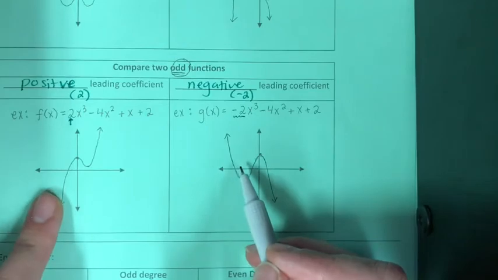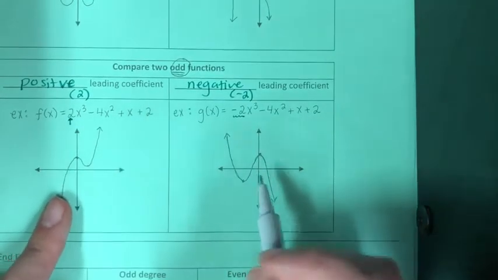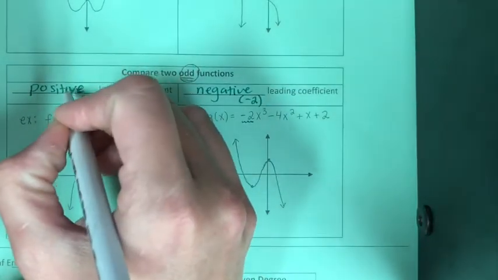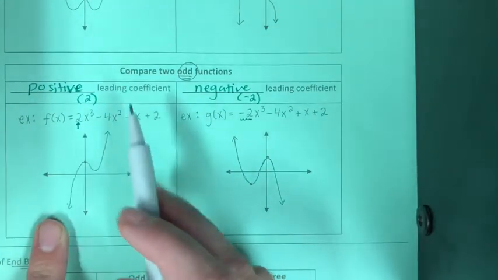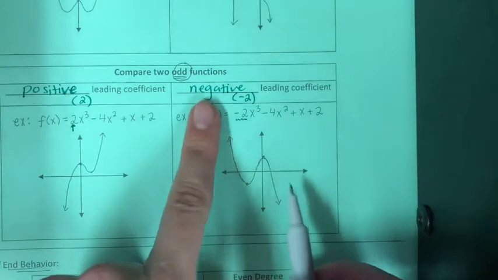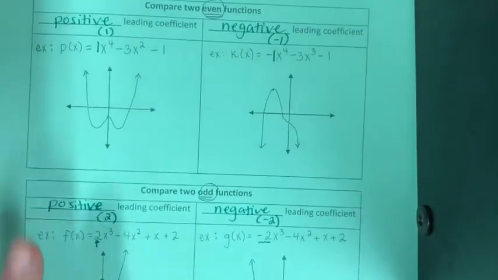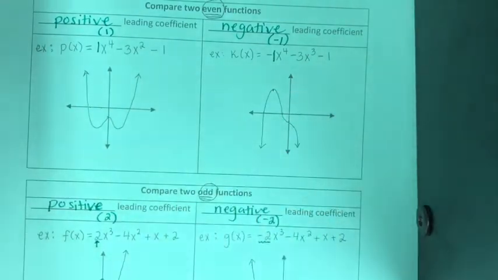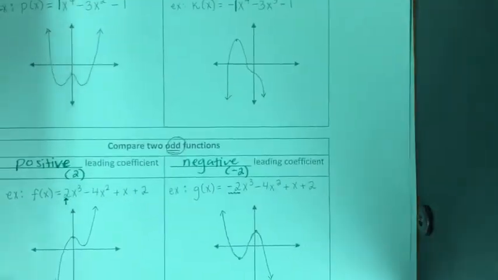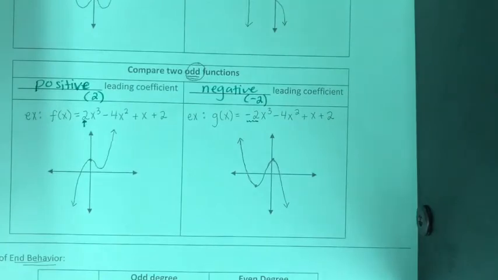So that's the opposite of what we had when it was positive. So when it was positive, we had down, up, and negative, we have up, down. And same up here, when it was positive, they both went up, now they both go down. So it kind of looks like when there's a negative coefficient, it switches the end behavior.